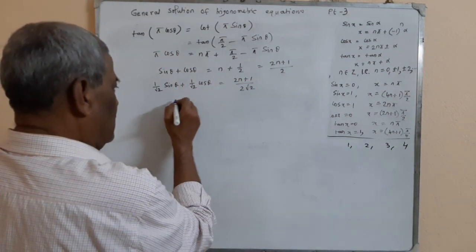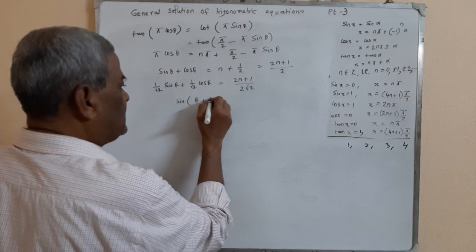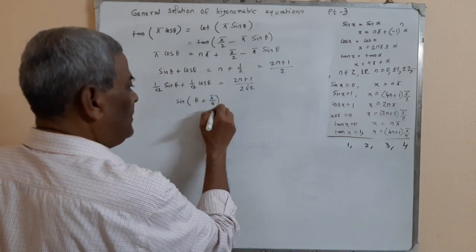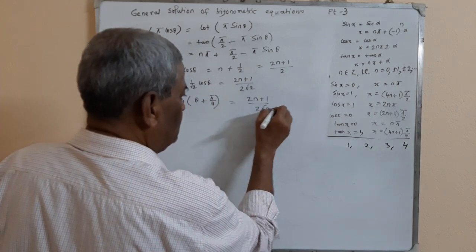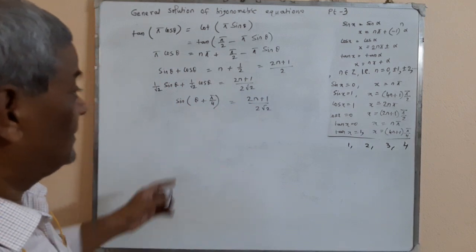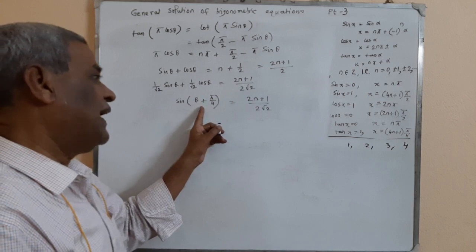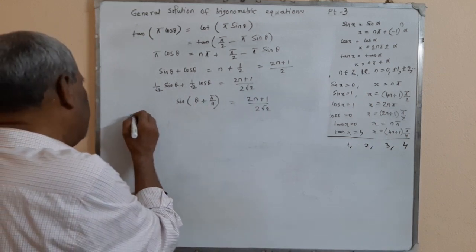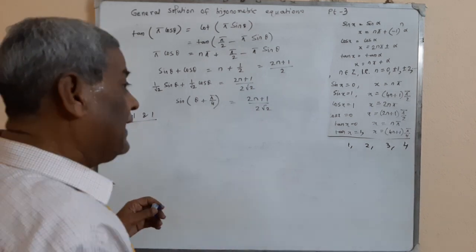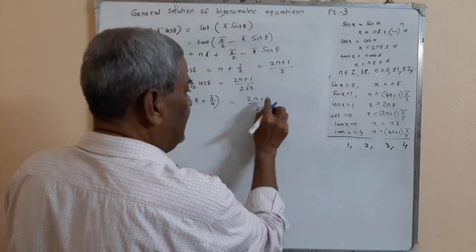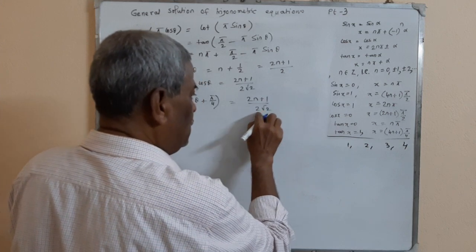That is sine of theta plus pi by 4 is equal to 2n plus 1 by 2 root 2. You see, this is sine function. So its value must lie between minus 1 and plus 1. If n is equal to 0, then it is 1 by 2 root 2.